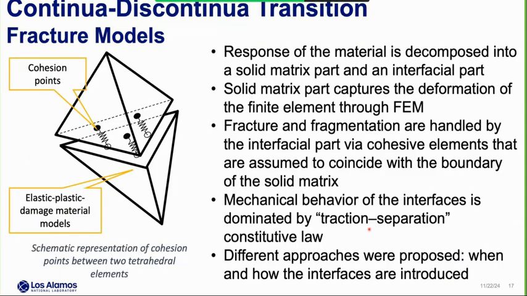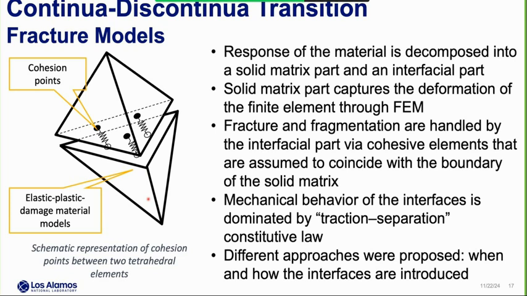So regarding the fracture and fragmentation in FDM, we usually use the cohesive zone model to simulate the fracture. As demonstrated in this picture, the mechanical response of the material is decomposed into a solid matrix part and an interfacial part with the cohesive zone models. The solid part captures the deformation of the finite element, and here we can use different material models such as elastic model, plastic model, and the damage model inside each finite element.